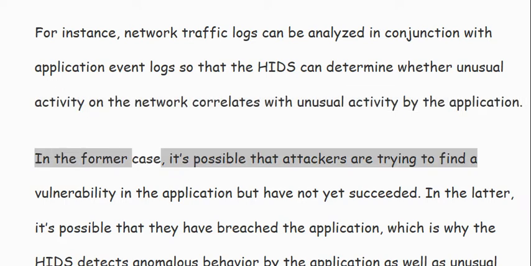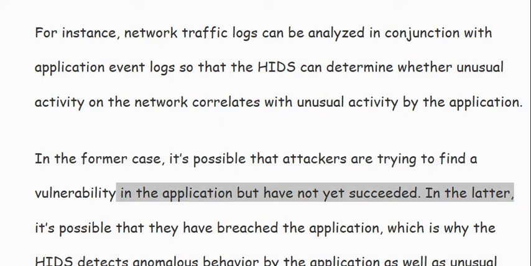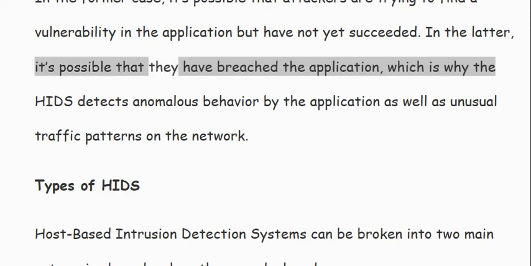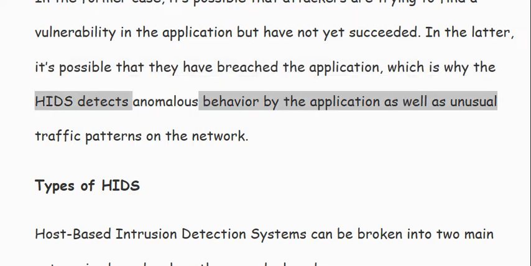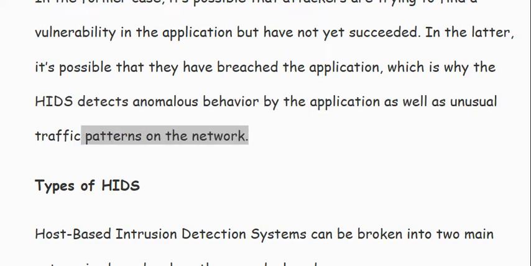In the former case, it's possible that attackers are trying to find a vulnerability in the application but have not yet succeeded. In the latter, it's possible that they have breached the application, which is why the HIDS detects anomalous behavior by the application as well as unusual traffic patterns on the network.